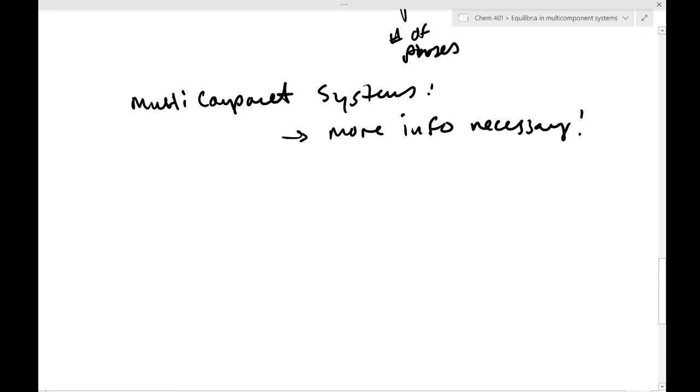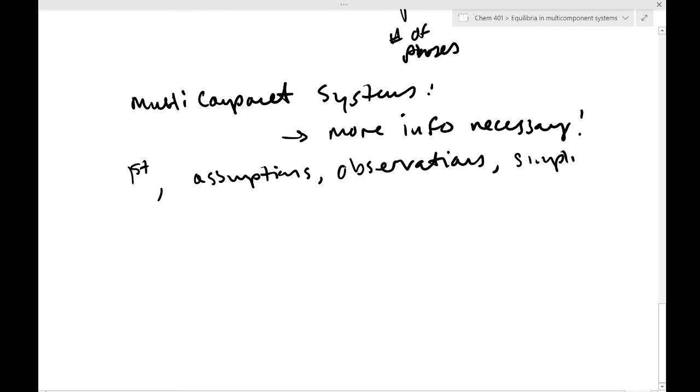Before we do this, I want to point out some assumptions, observations, and simplifications that we can come up with.